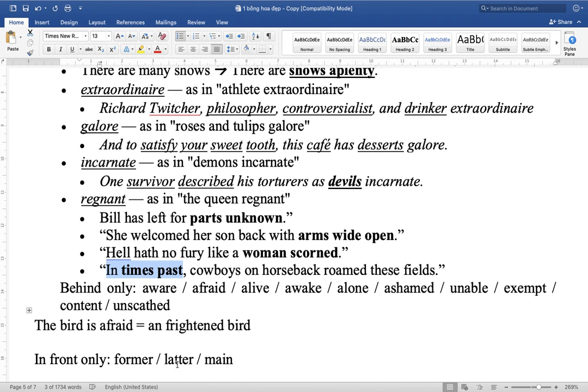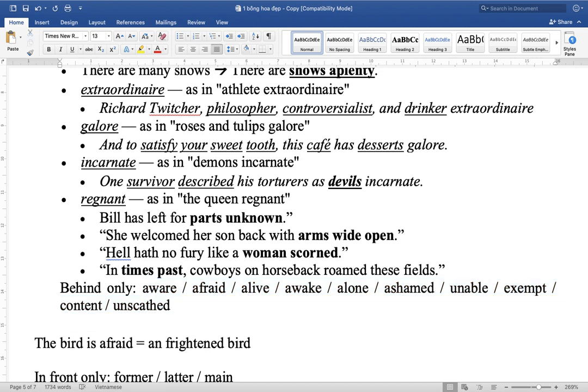Alright. So something like aware, afraid, alive, awake, alone, ashamed, exempt, content, and unscathed. So we use it like, she emerged just unscathed after the scandal.